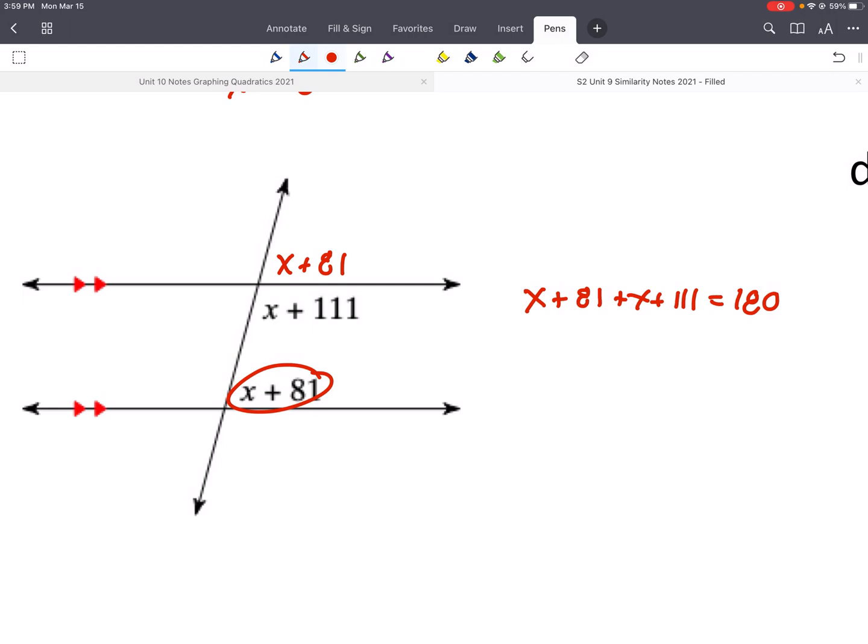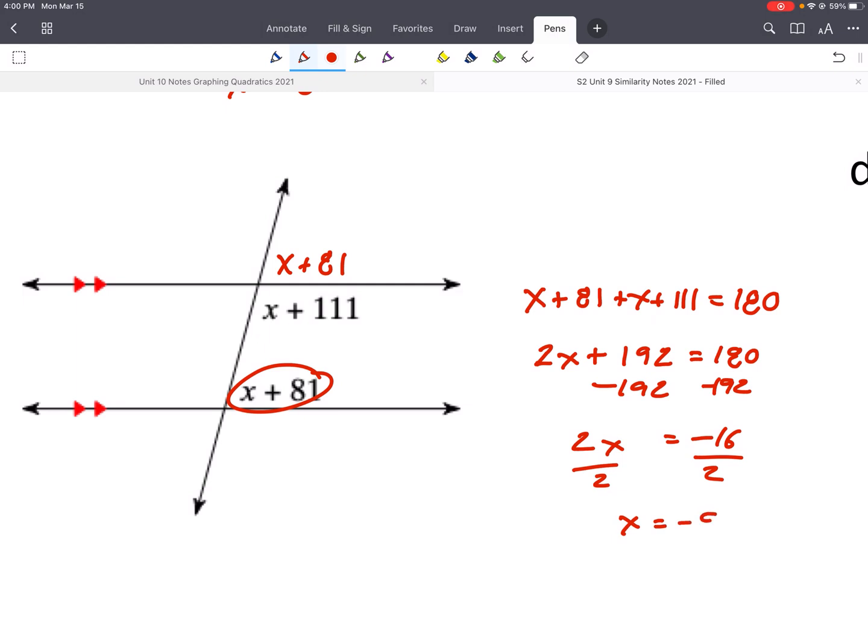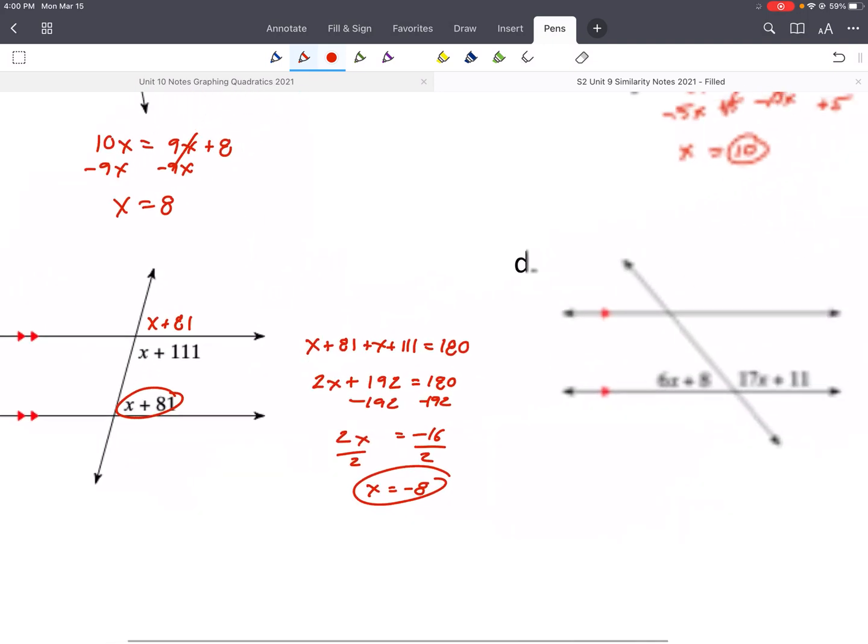That gives us 2x plus 192. And then we'd subtract 192, which gives us negative 16. And we could divide both sides by 2 and get x equals negative 8. Again, we could plug those in and both of those two angles should add up to 180.